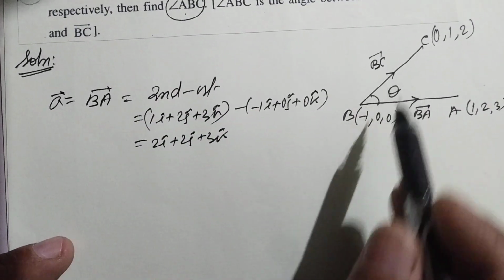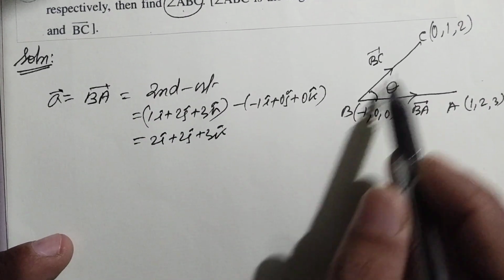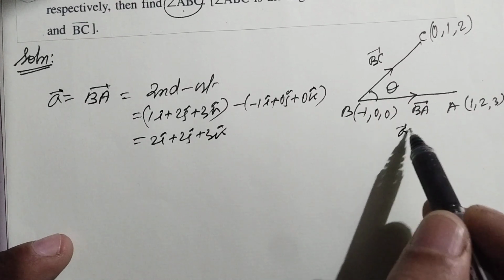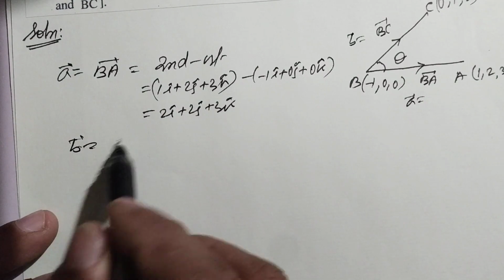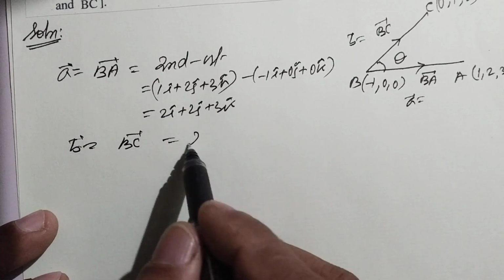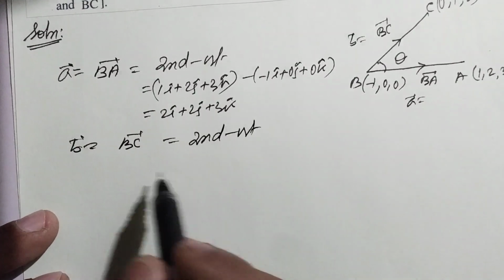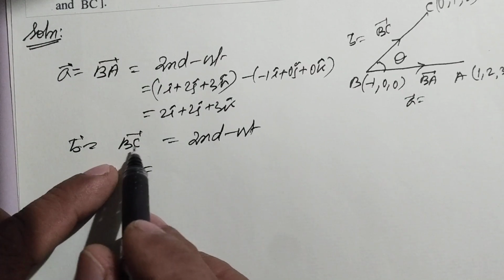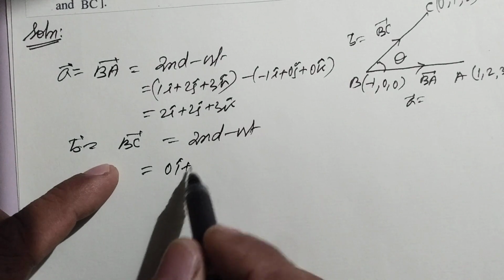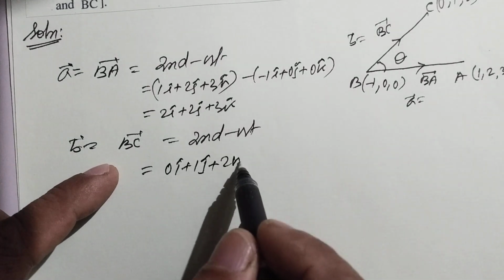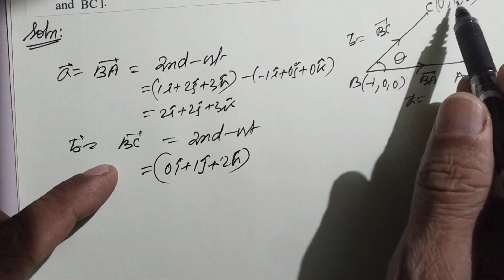The other vector I need is BC. The angle theta is between BA and BC. So first one I am representing by A, second one I will represent by B. So B is which vector? It is BC. Again the same concept. Second minus first. So BC, C is second, B is first. C is 0i, 1j, 2k.